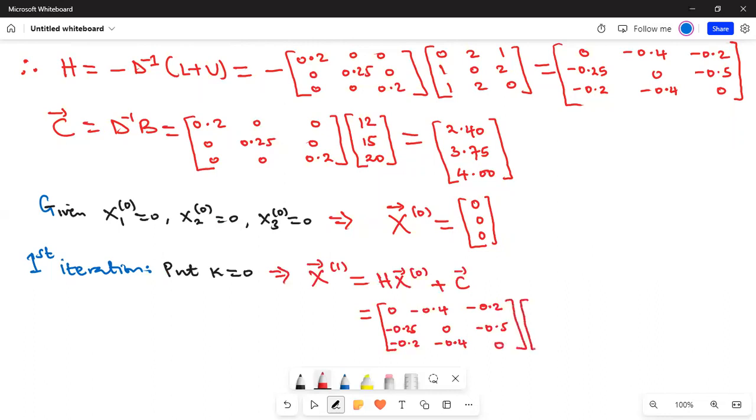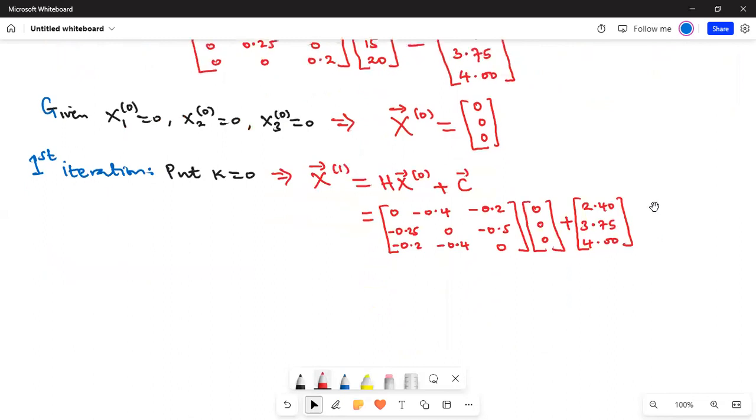This should multiply 0, 0, 0, and then you add to C, which is 2.40, 3.75, 4.00. And so when you work this out, we're going to get 2.4, 3.75, and 4.00.